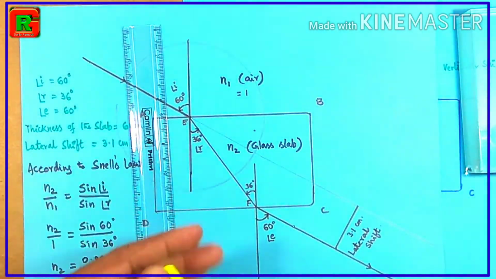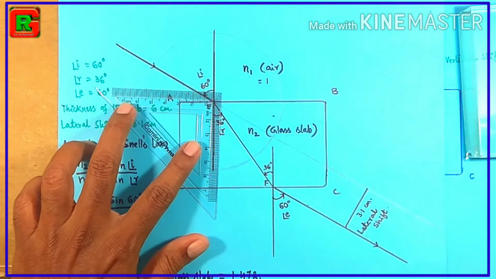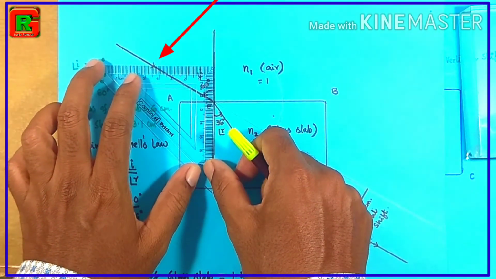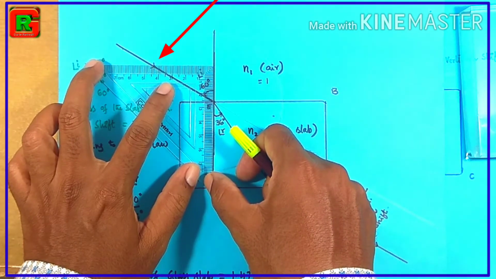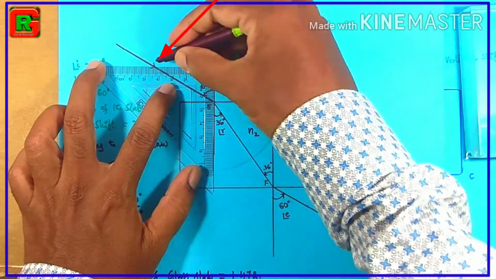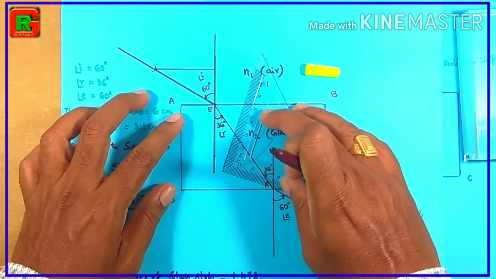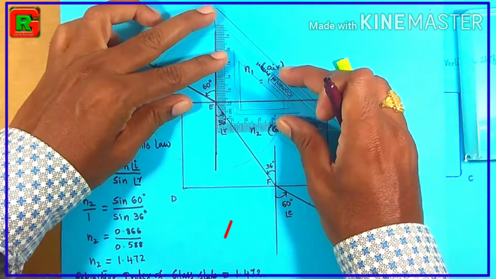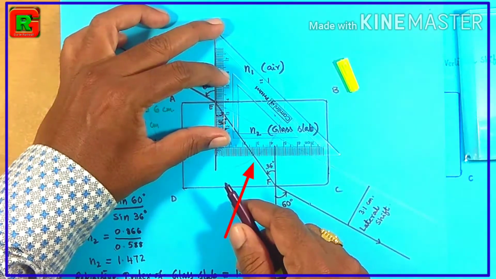It should be the diameter of the circle. Now draw a perpendicular line to the normal from the point which intersects the incident ray with the circle. And also draw a perpendicular line to the normal from the point which intersects the refracted ray with the circle.